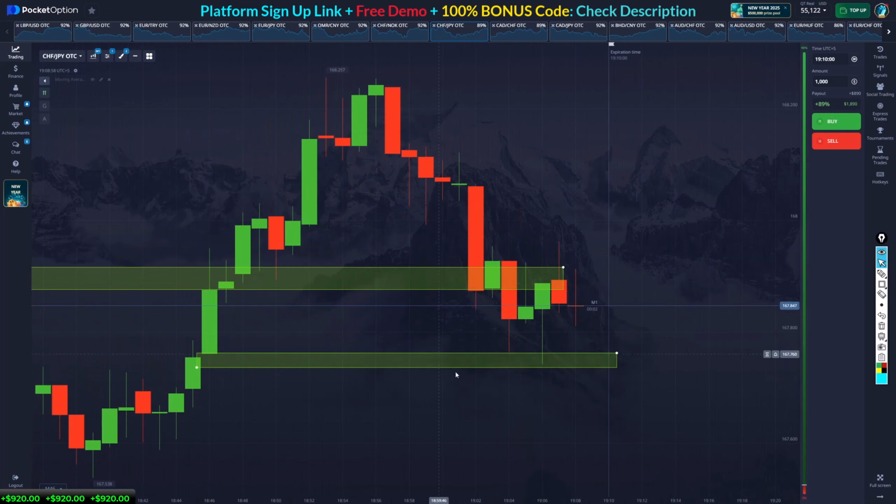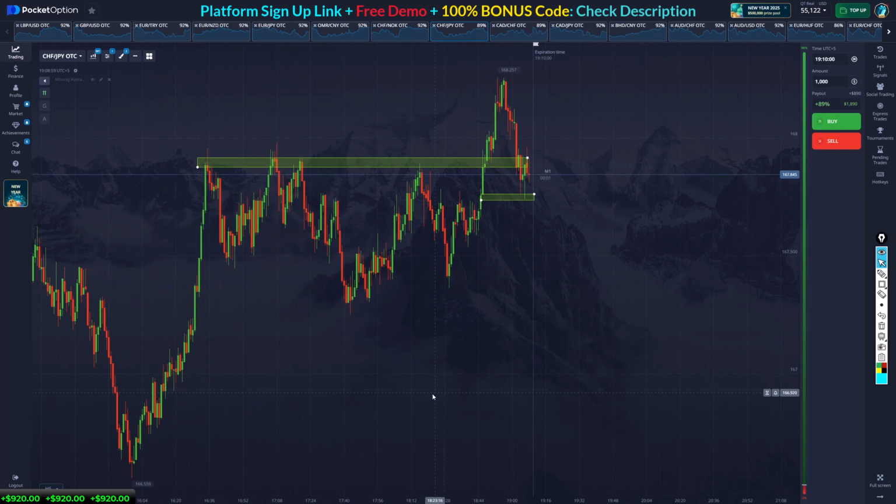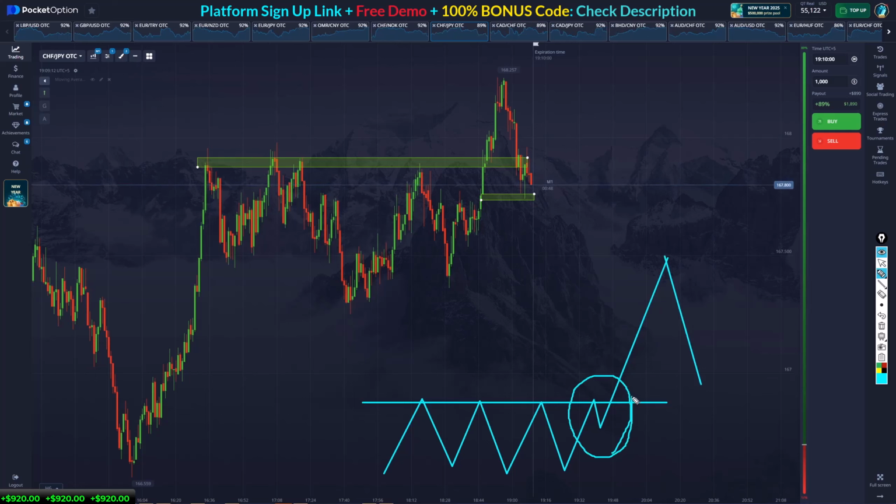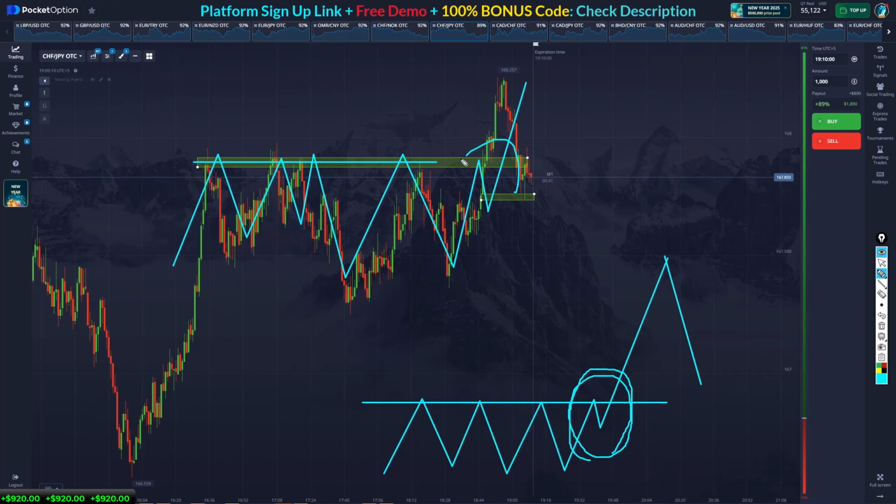Look at this. So if you have a well-respected area, it doesn't matter if that's a support or resistance, and this area is broken, you have potential trades when the market comes back to the broken area. Okay, in this case, this is the respected resistance, and then it's broken here.